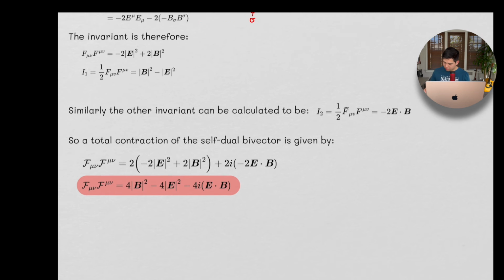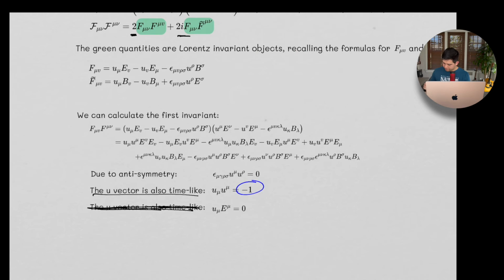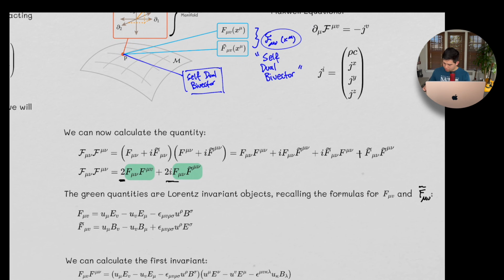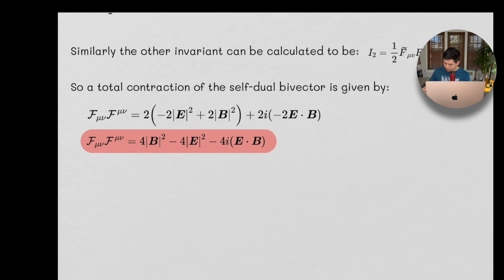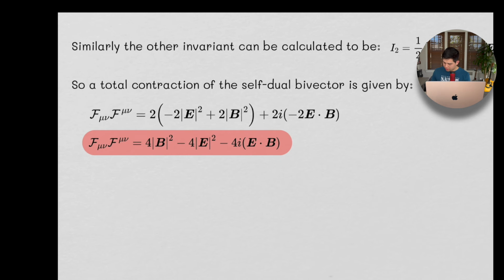Right, because if you recall, we have this 2, and then we have this 2, which is why we have 4s. Okay, so everything gets multiplied by 2, so that's where this guy comes from. And then we get this.